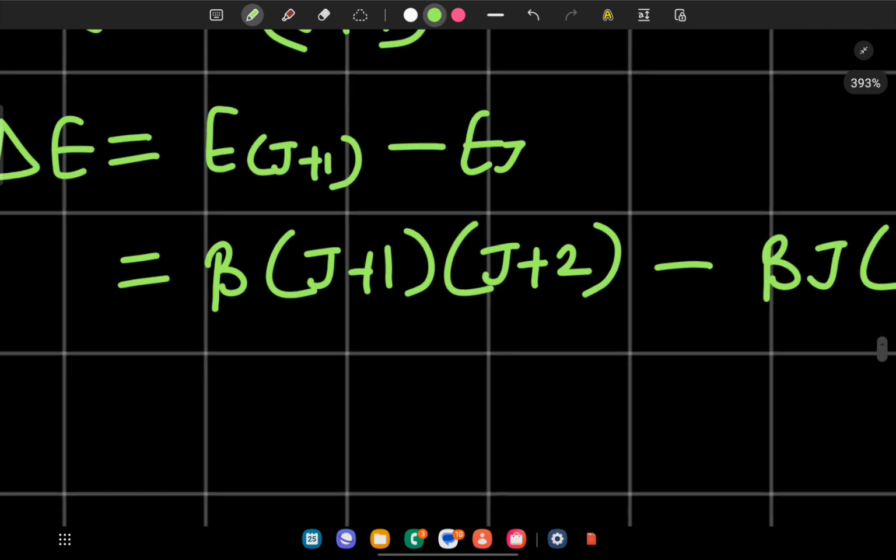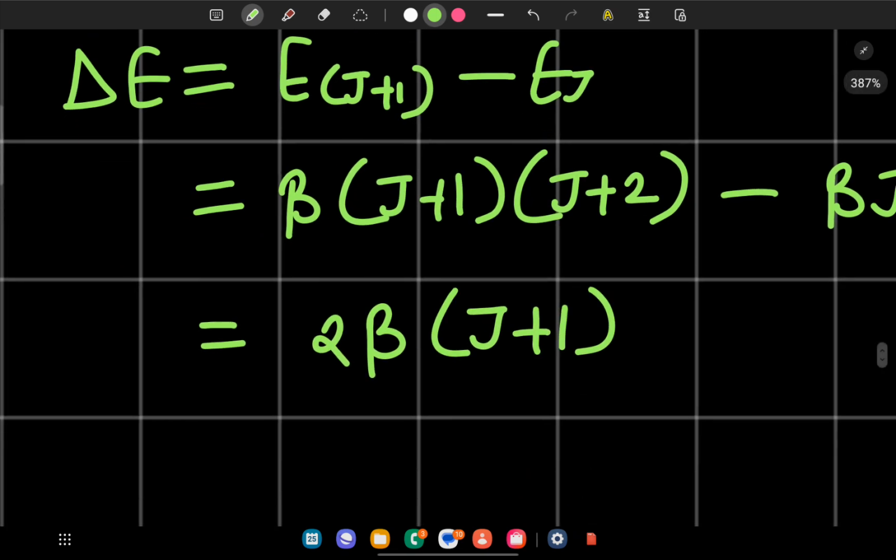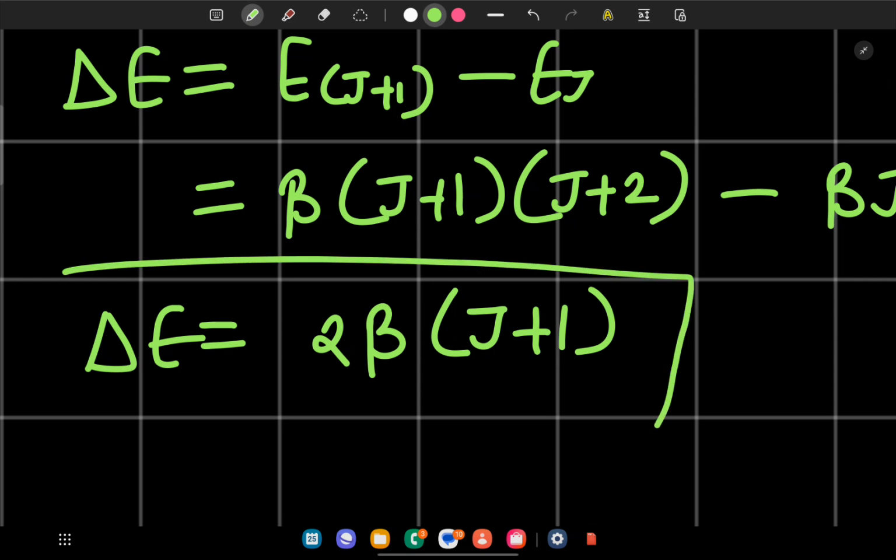Now just solve the mathematics, and we get 2 beta into j plus 1 as the energy difference for a particular transition. This is going to be constant.